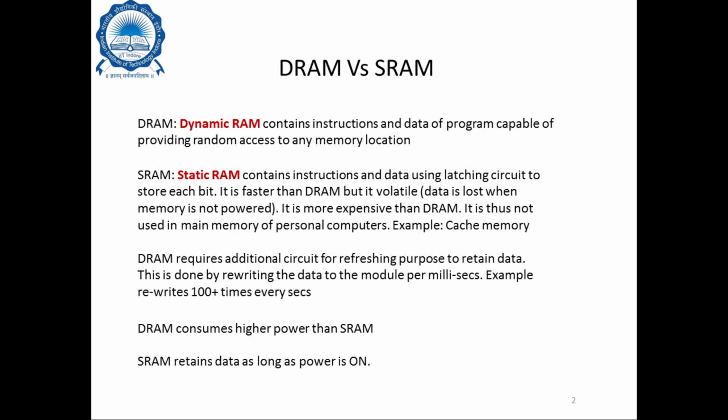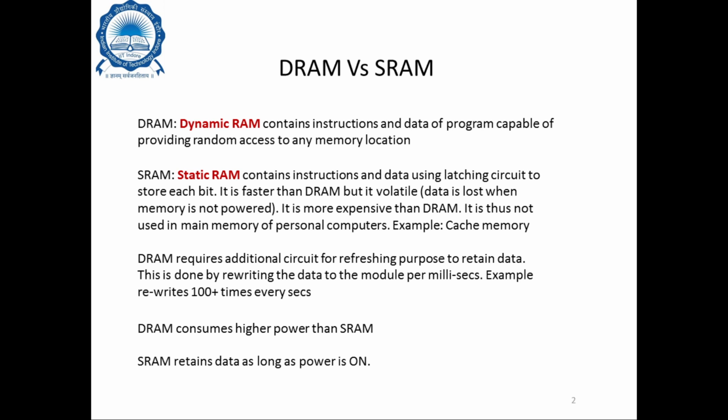So what is the architectural side of DRAM? DRAM requires an additional circuit for refreshing purposes in order to retain the data. This is done by rewriting the data to the modules per millisecond. For example, the rewrite could be 100 plus times every second in case of DRAM.